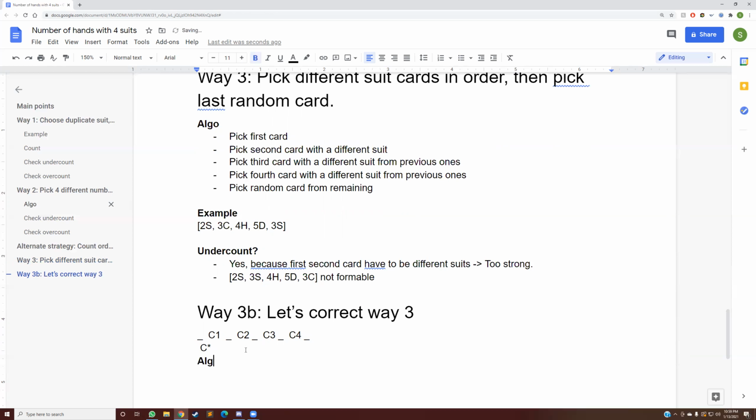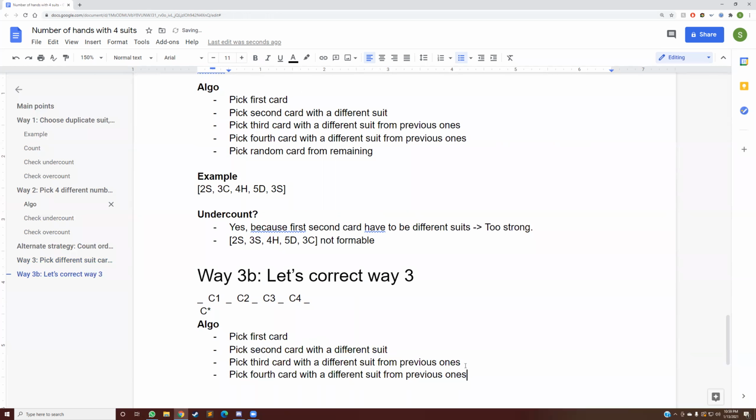But let's write down the algorithm completely. This is the final one. I copy paste the first, second, third card with different suits. And then for the 5th card, pick a spot to place the 5th card.